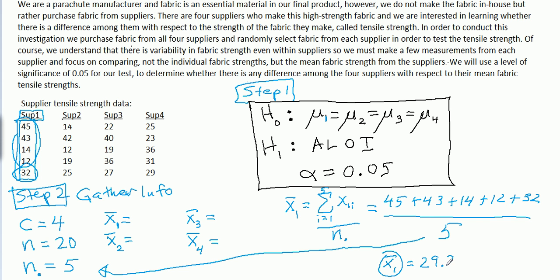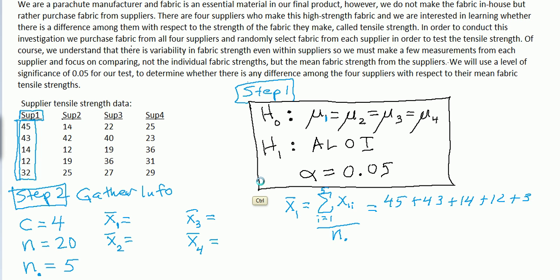Is 29.2. That's what I get from here, by just averaging these guys, all right? And when I actually go through and do the same thing, which takes a little bit of time but is not difficult, for all of these suppliers. Okay, let me erase this a bit.